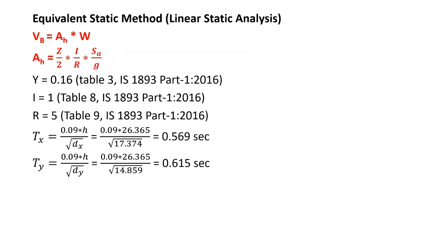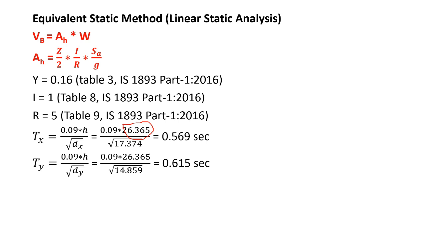So if we see our building, then to calculate the time period as per the code, IS 1893 has given the formula as 0.09 h upon square root of d. So here h is the height of the building above ground level. In our case it is 26.365 meters, and d is the dimension that is considered in that direction.